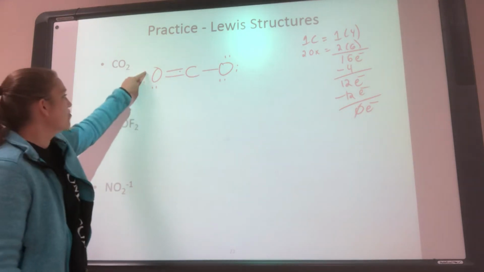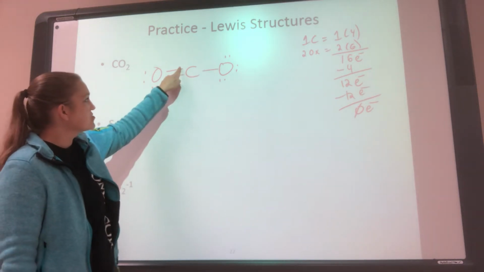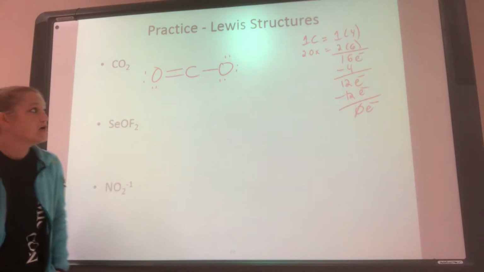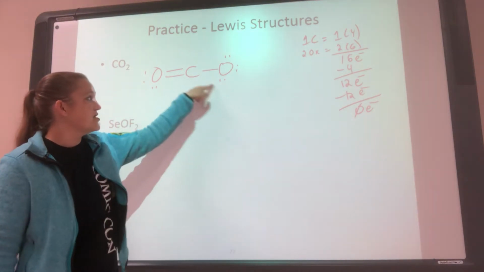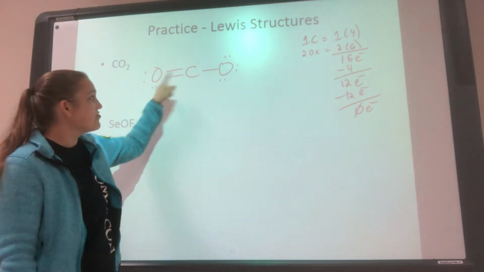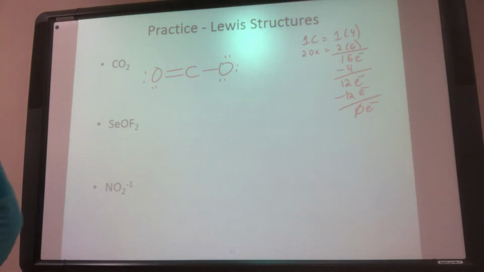He still has 8. 1, 2, 3, 4, 5, 6, 7, 8. But now the carbon has 1, 2, 3, 4, 5, 6, so he has only 6 electrons. So now I have to figure out, do I move 2 from here or do I move 2 from here? Because now these 2 oxygens are not the same choice.